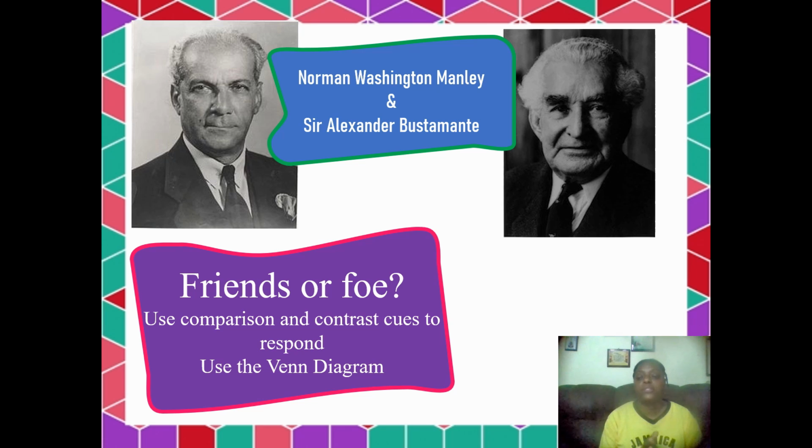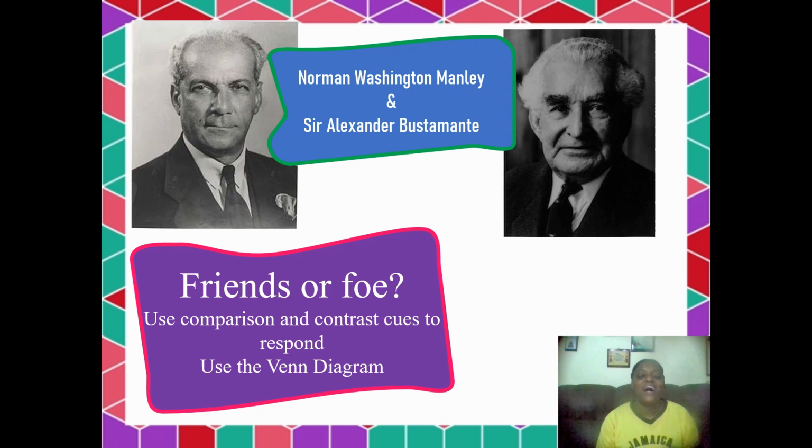So I have written here a contrasting statement, friends or foe. Now, I know that these two gentlemen were cousins. They're relatives. So there are supposed to be elements of friendship, but because of their lives in politics, there might be elements of enemy or foeship.